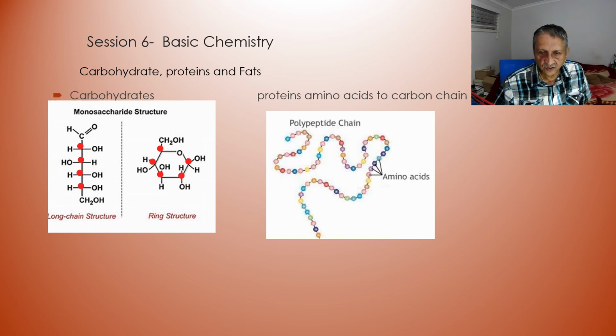That is why you call them amino acids, and these amino acids can be linked together by their carbon chains to form a polypeptide chain, and polypeptides can link further to form protein chains. So they can form a very, very long, complex chain with each other, forming proteins.